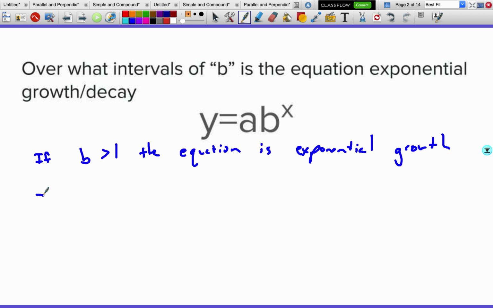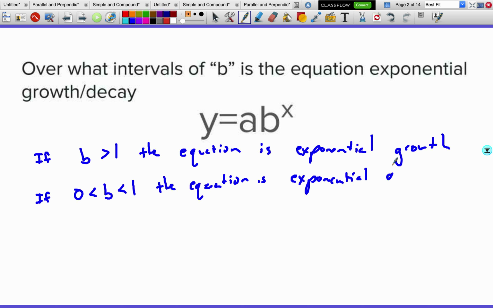All right. The next option is that b can be between 0 and 1. So we can express that as 0 is less than b is less than 1. The equation is exponential decay.